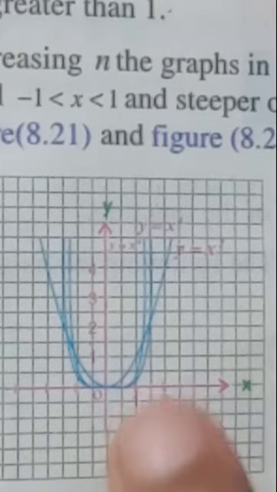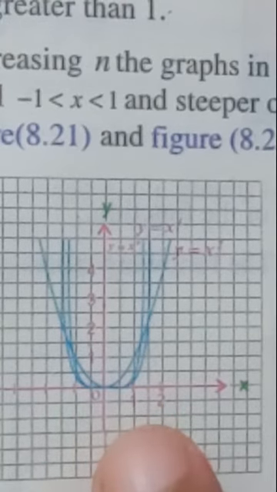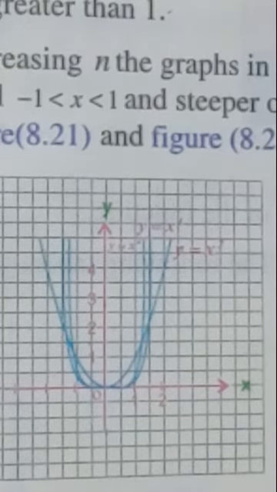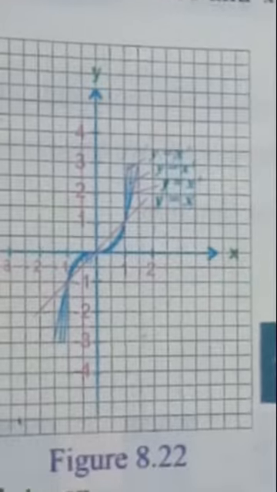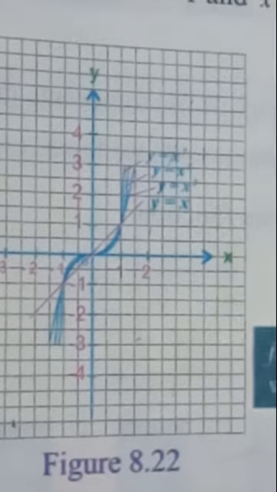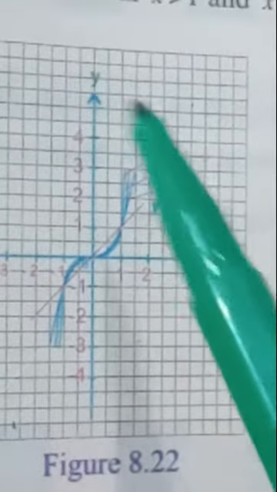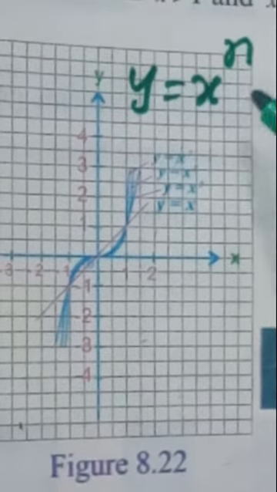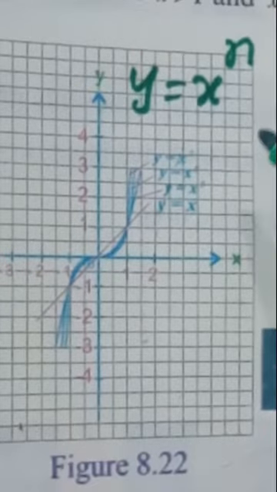So as the value of n increases and n is even, the graph will be in the U shape, and as n becomes greater and even, the branches will shrink towards the y-axis. And similarly, for y equal to x power n, when n is 1, the graph is a straight line.